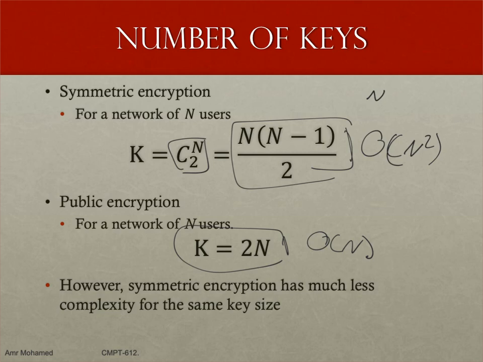That's why we said that one of the advantages of public key is the simplicity of sharing these keys in a network. It's not trivial, and we'll see it can get complicated, but it's more simplified compared to symmetric key encryption.